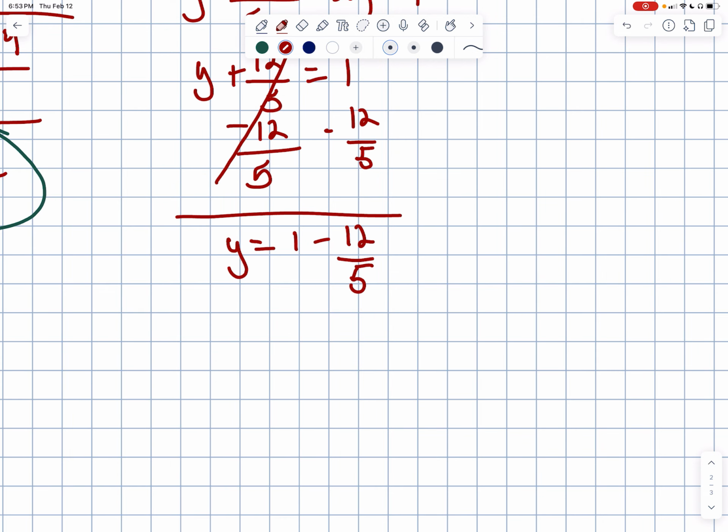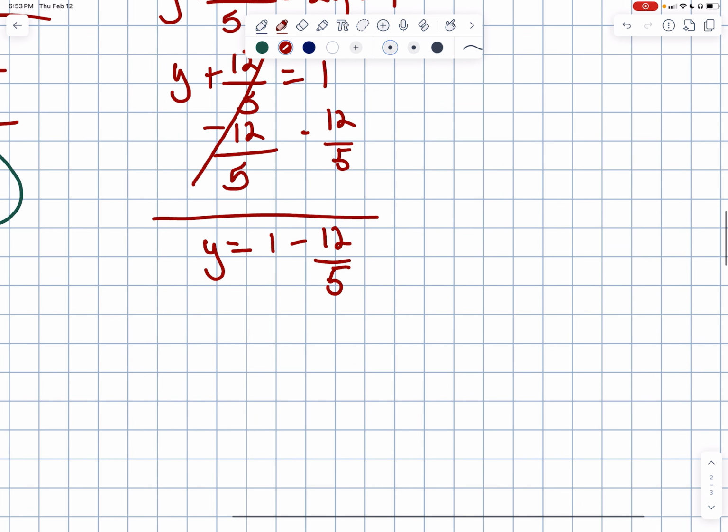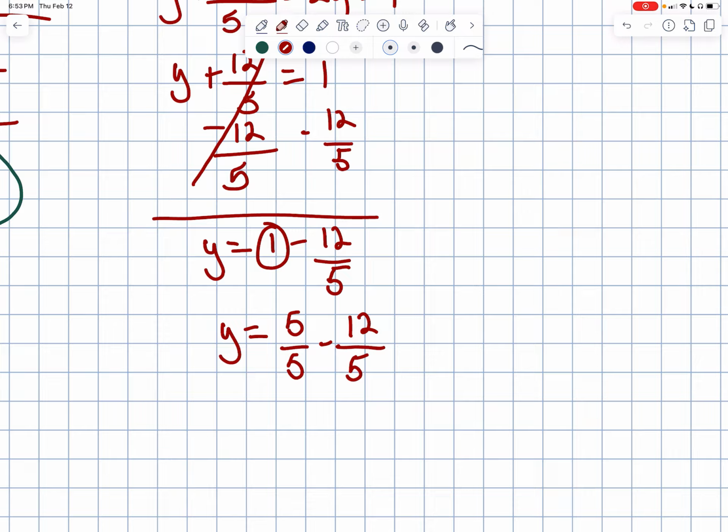I'll just tell you, because if I try to explain it, it might confuse you. I'm going to convert 1 into 5 over 5, because 5 divided by 5 is 1. And I chose 5 because since we're subtracting fractions, they need to have the same denominator.